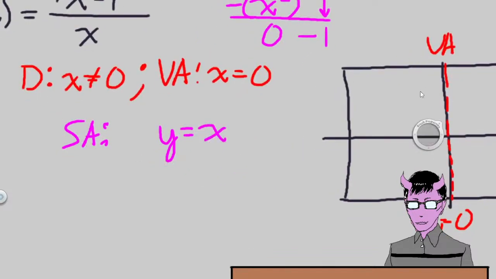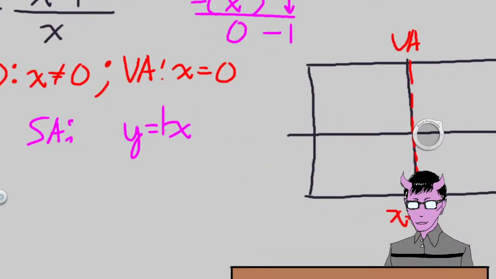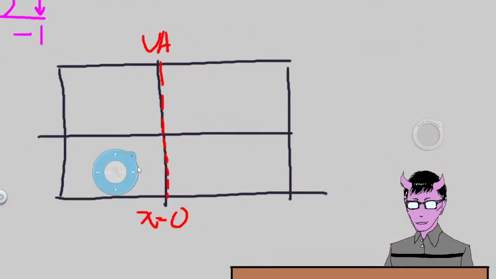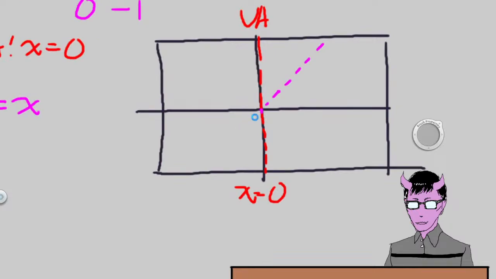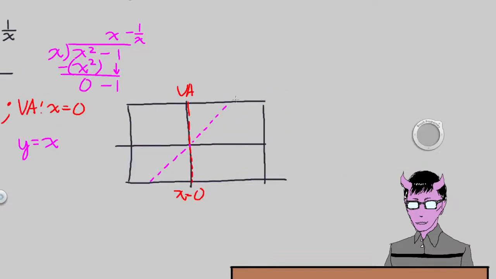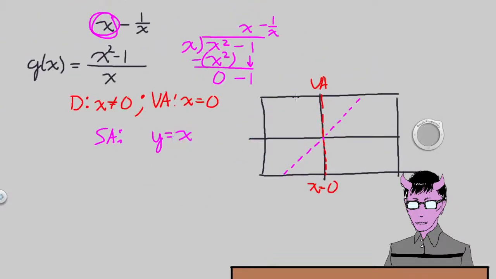But what the heck is this? Like I said, this is a linear function. You just have to trust me for now. It has a slope of 1, and the y-intercept is at 0. So planted here, slope of 1, 1 to 1. I told you to trust me for now, but I'll explain that in a moment.